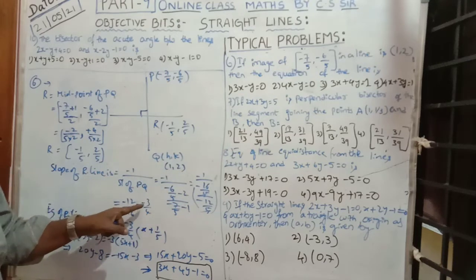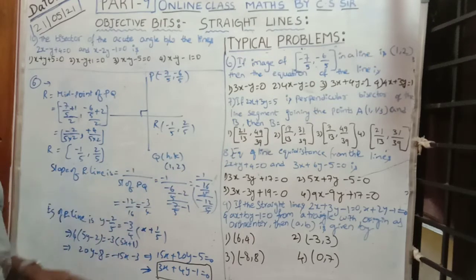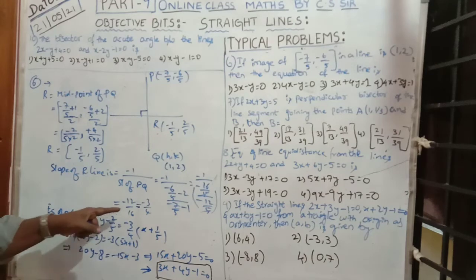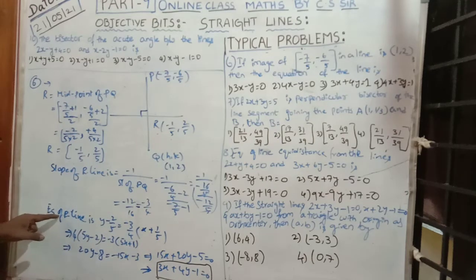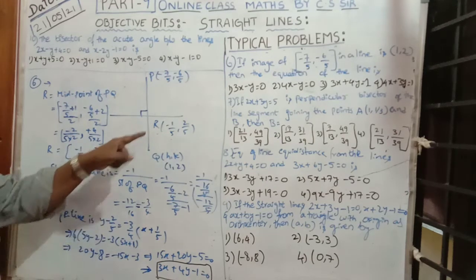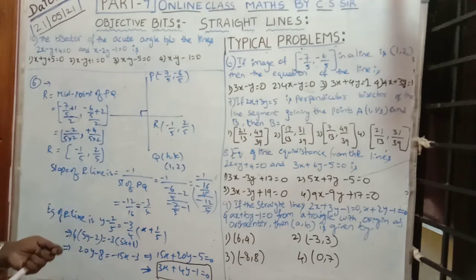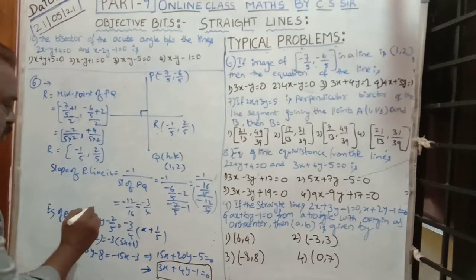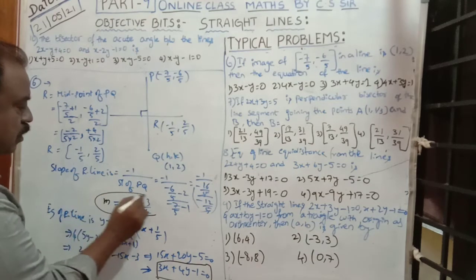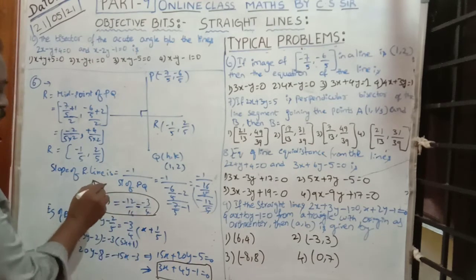By calculation it is minus 3 by 4. These are simple calculations; you do it on your own. Now the required line is y minus y1, because it is having this slope m, the slope of the required line. Okay?